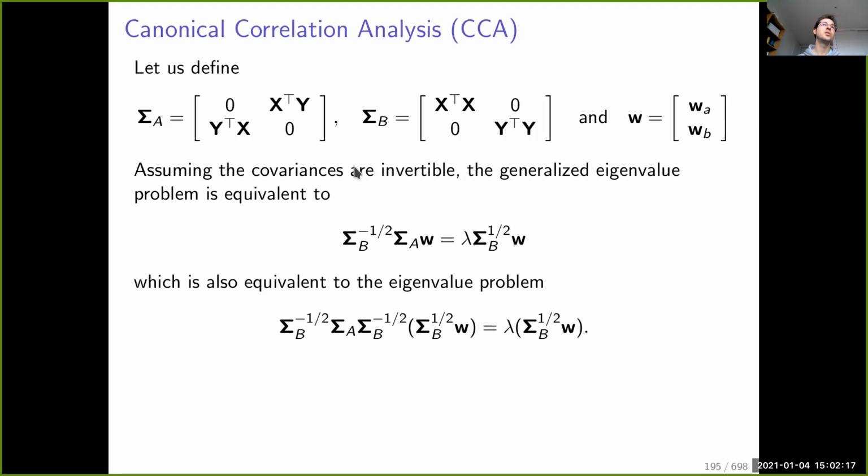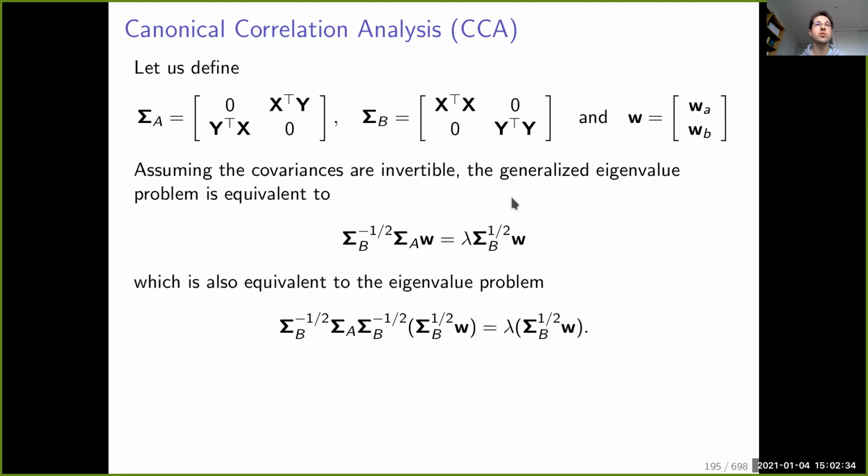We assume that sigma B is invertible, and we are going to do that here, but you can be very rigorous even if it is not. It requires a few additional details that I'm skipping here.